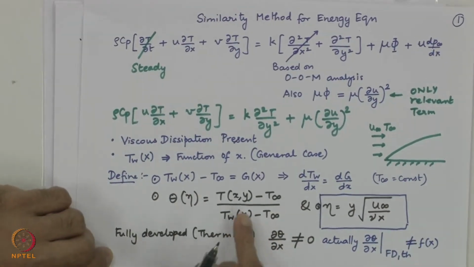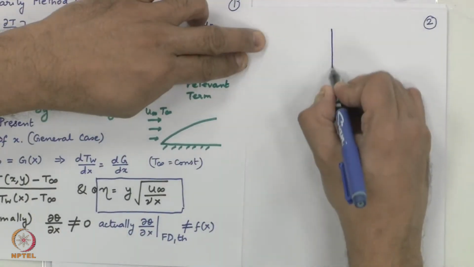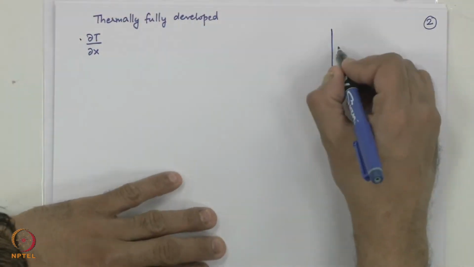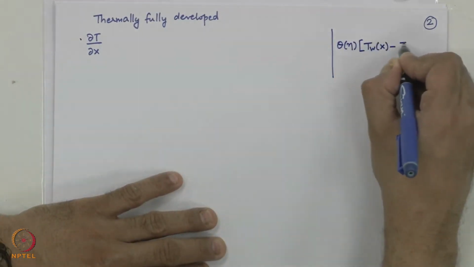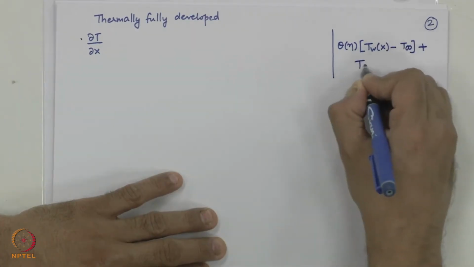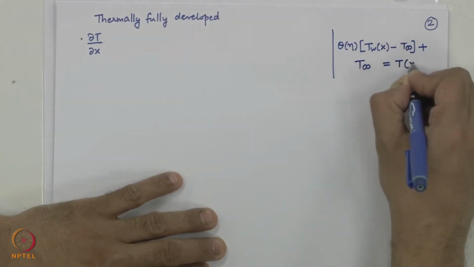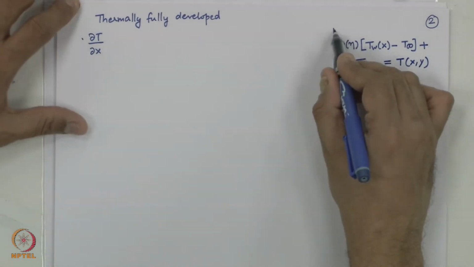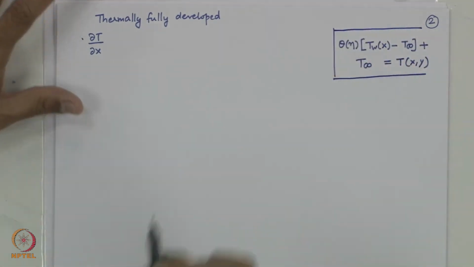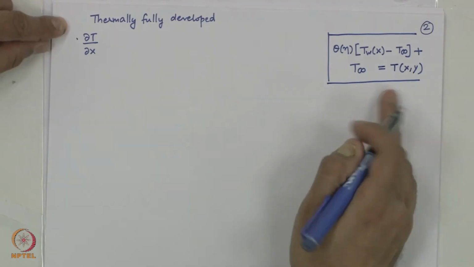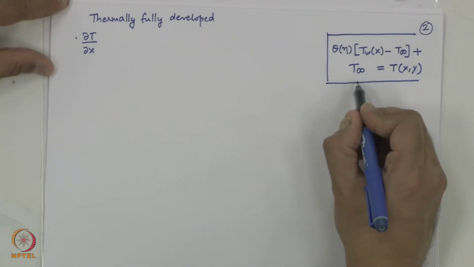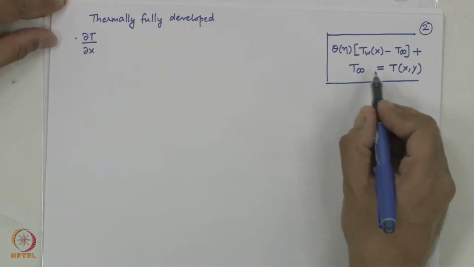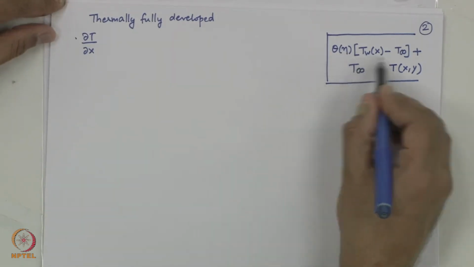So, what is t? Our definition of t is this. Just let us write for the sake of completeness here, t is nothing but theta of eta into t wall of x minus t infinity plus t infinity equal to t of x comma y. This is just a rearrangement of my definition. Now, dt by dx means I am going to differentiate this with respect to x. When I differentiate this, t infinity is a constant, so t infinity with respect to x will be gone. We have a product rule here, theta and tw.